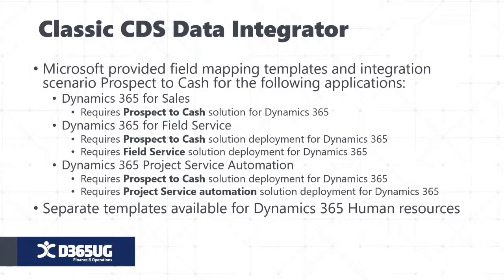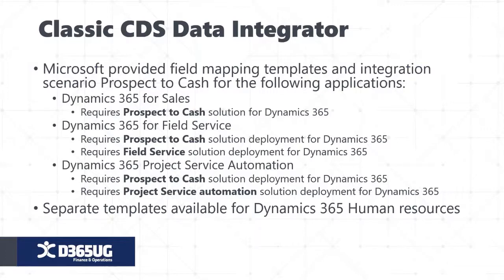Classic data integrator provides out-of-the-box field mapping templates and also supports an integration scenario like prospect to cash. That's an integration scenario between finance and operations and sales. To run this integration scenario, the prospect to cash solution has to be installed on the Dynamics 365 side, so for customer engagement, for CRM.